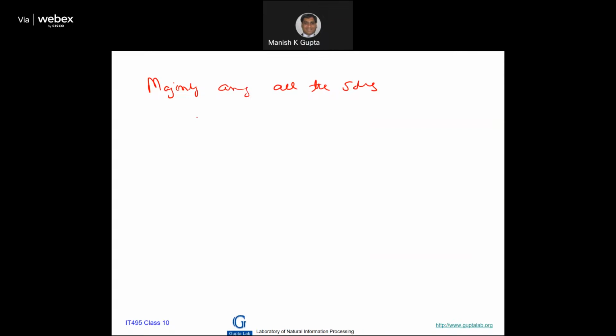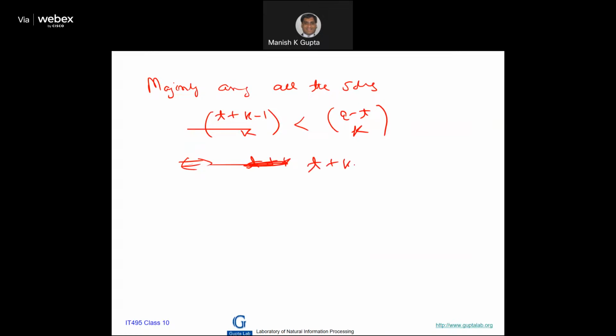The majority opinion will give the correct answer as long as this value is less than Q minus T choose K. That is, if and only if T plus K minus 1 is less than Q minus T, if and only if 2T is less than Q minus K plus 1, if and only if T is at most Q minus K plus 1 by 2.